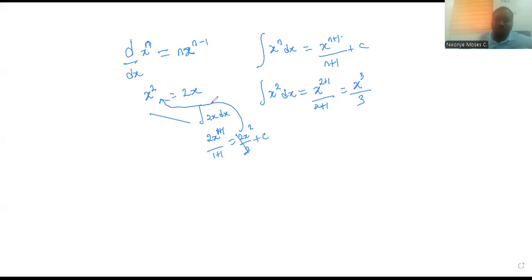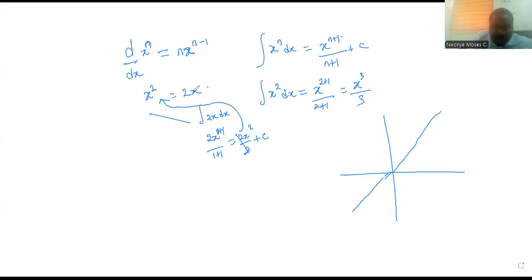So why did I say we should include plus c? Let me use this one because you'll be familiar with it. This one is practically linear with a slope of 2. If I'm supposed to graph this, definitely you can see the intercept here is 0, so this will pass through the origin, depending. But we don't know this. We integrated, and this is a constant.